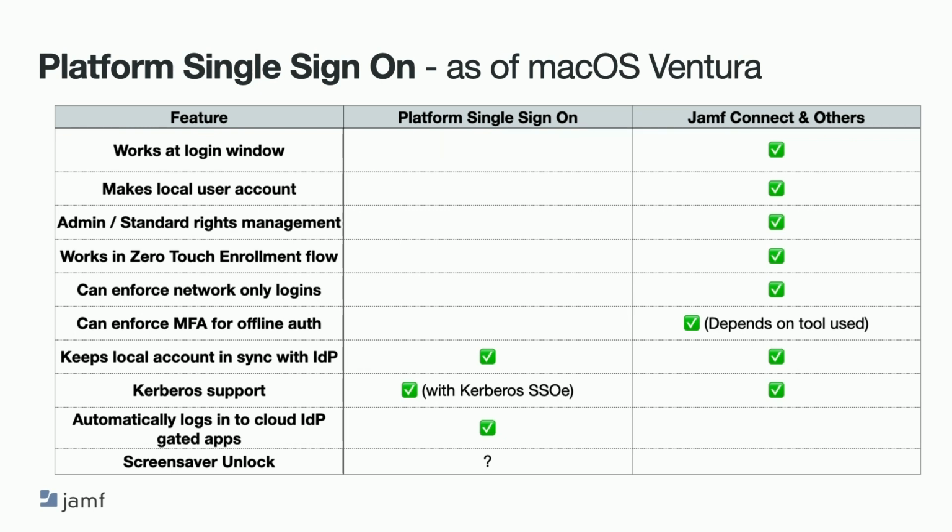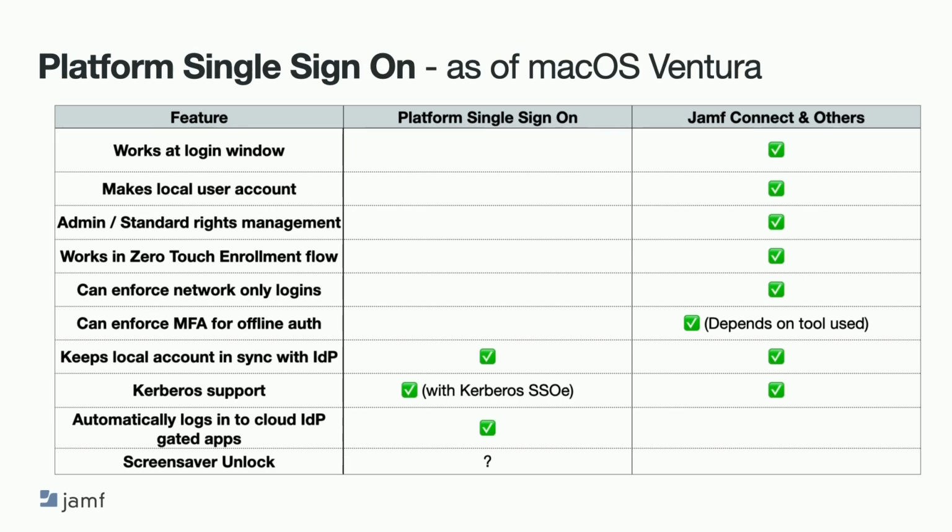One still needs the Kerberos SSOE. Jamf Connect and others don't need that in there. You get the cloud IDP, gets the logs, et cetera, et cetera. And there's one thing that's called out specifically in the guide that says screensaver unlock that's like, I don't know if it actually updates the password for the local account if your Okta password changes that screensaver.